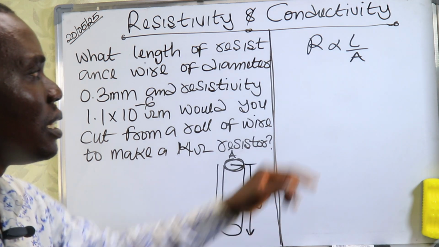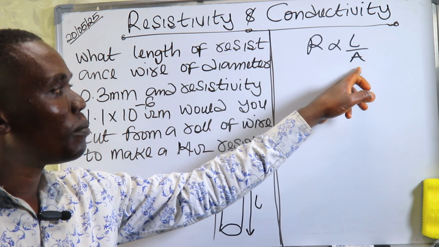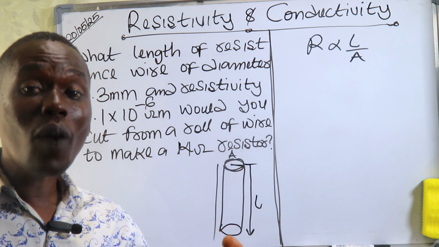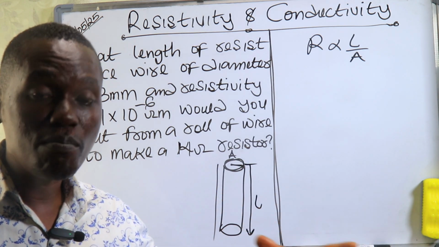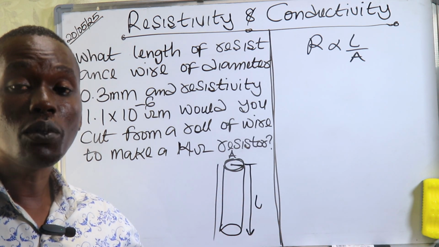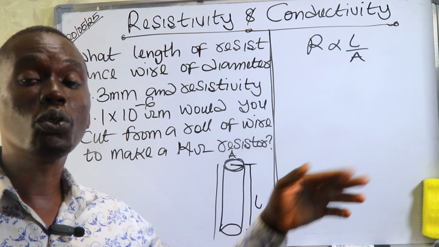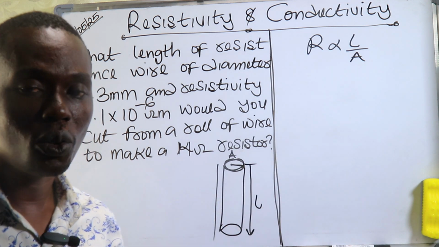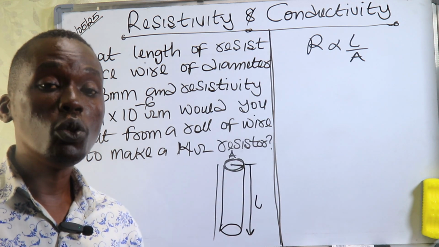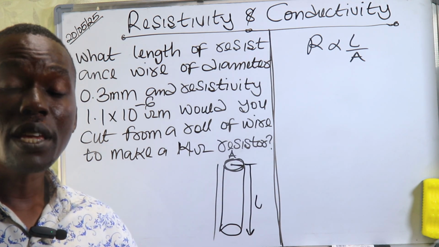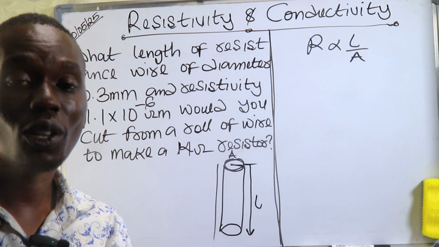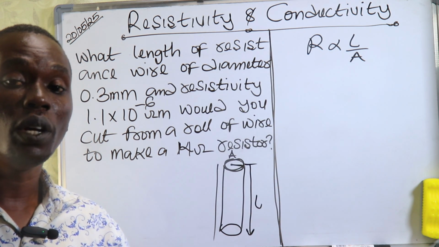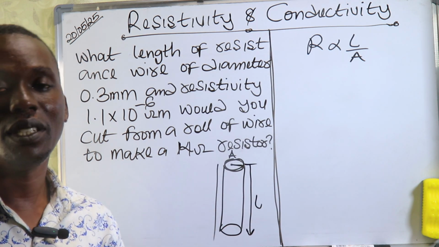But the other one we will look at is the cross-sectional area. That means if the wire or conductor is very big, what will happen to the resistance? The resistance will reduce. That is why in most advanced countries, people always use big cables to transfer direct current to far places, because when you use a big cable, you get lower resistance.